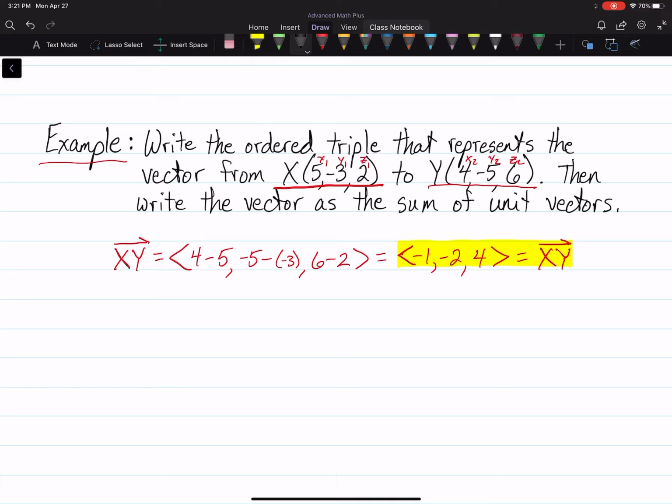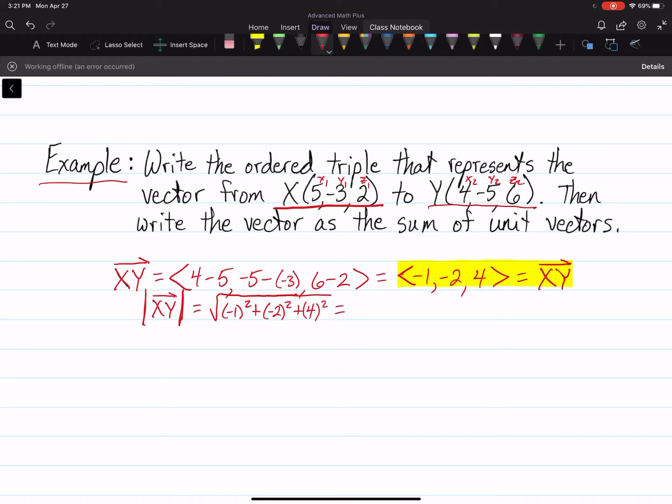So to get the magnitude of that, we would take the absolute value of vector XY. Okay, remember, absolute value bars is how they represent magnitude. So we're just going to take the square root of our vector: -1 squared, plus -2 squared, plus 4 squared.